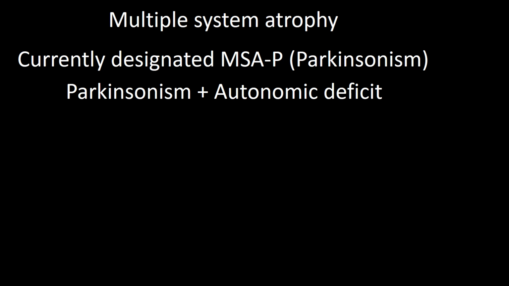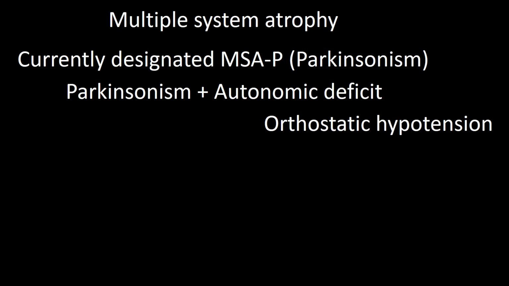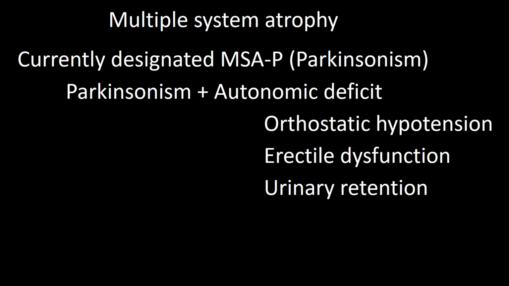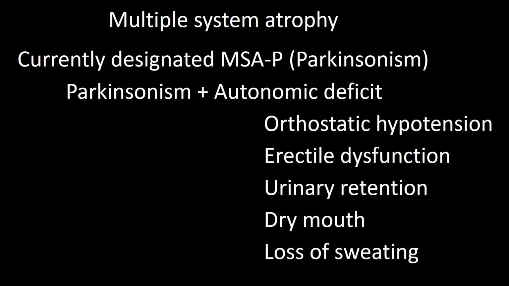When autonomic findings predominate, it is called MSA-A. Patients with MSA-P, in addition to Parkinsonism, also have autonomic findings such as orthostatic hypotension due to loss of intermediolateral horn cells in the spinal cord and pigmentic nucleus in the brainstem, erectile dysfunction, urinary retention, dry mouth, and loss of sweating.